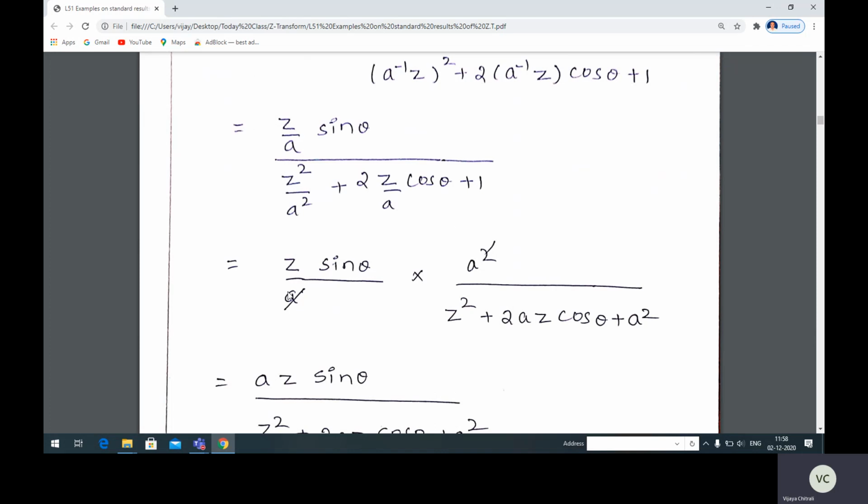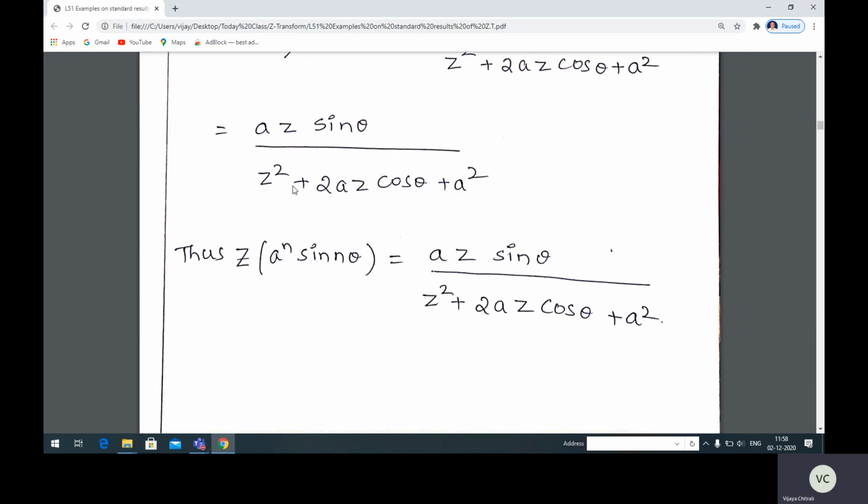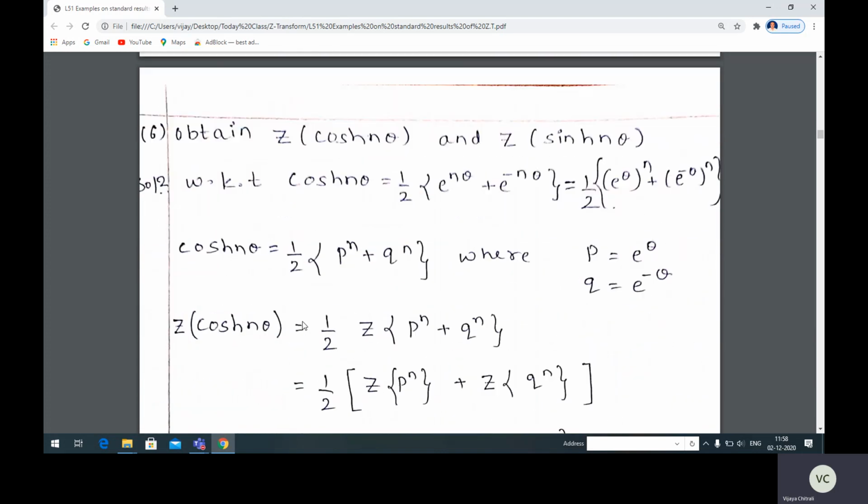This a and this Z give aZ, and sin theta stays as it is. Denominator is Z square minus 2aZ cos theta plus a square. Thus the Z transform of a^n sin n theta is equal to aZ sin theta divided by (Z square minus 2aZ cos theta plus a square), so this is the right answer.